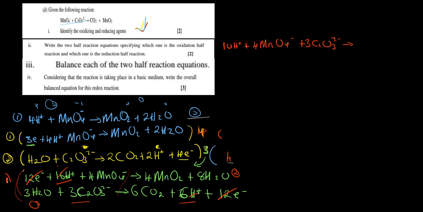Now I've remained with what? Let me write again, 4 manganese, like that. All right, then plus 6 chromium, like that. We are done with the number of water. All right, so these are the final ones.